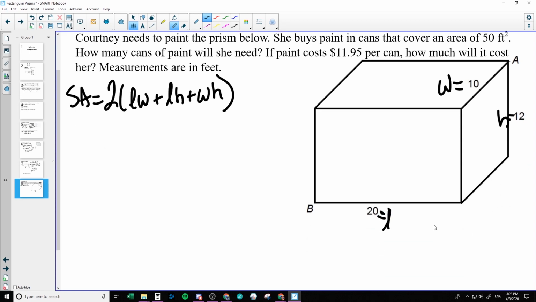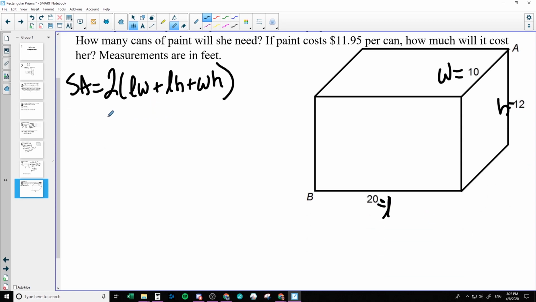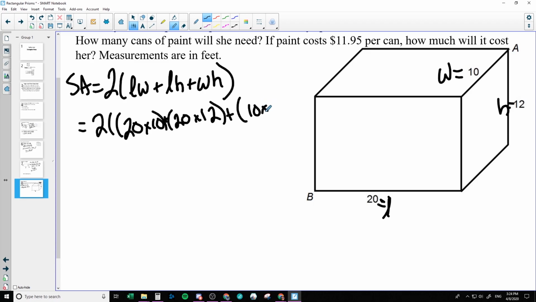Okay, so let's plug in our numbers here. So surface area equals 2 length times width, 20 times 10. Length times height, 20 times 12. This is plus. Width times height, 10 times 12.